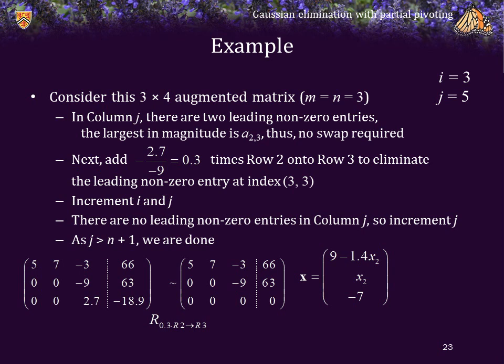And this is also the solution vector to the original matrix we started back with 2 slides ago. Note, of course, that this vector can be written as the fixed vector 9, 0, negative 7 plus all scalar multiples of the vector negative 1.4, 1, 0.